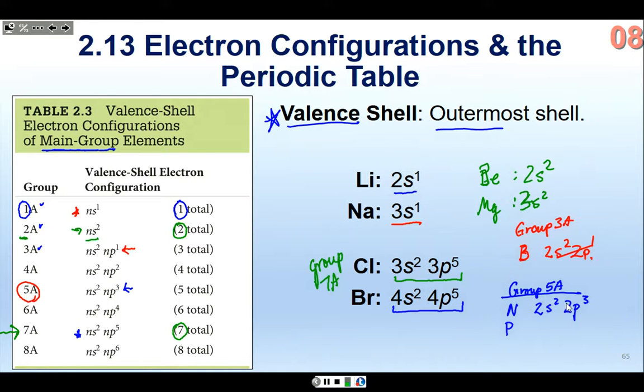If you went to phosphorus, phosphorus is in the third row, so its outer electrons are in the third shell. Analogous to nitrogen, it would be 3s2 and 3p3 for its valence electrons. Again, they're going to have 5 valence electrons because that's the way they all work in group 5A, and the pattern is always the same with 2 s subshell electrons and 3 in a p subshell.